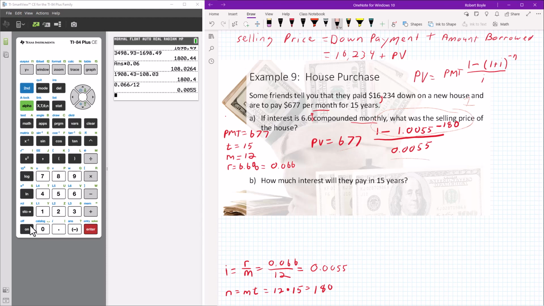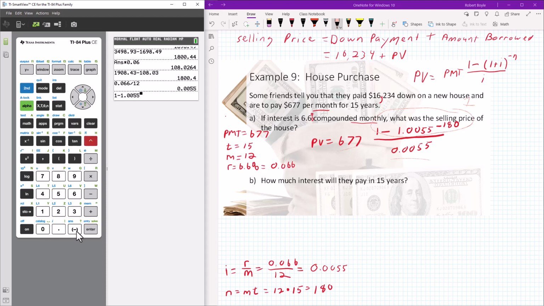So the first thing I'm going to do is 1 minus 1.0055 exponent negative 180. There we go. That's what this is right here.